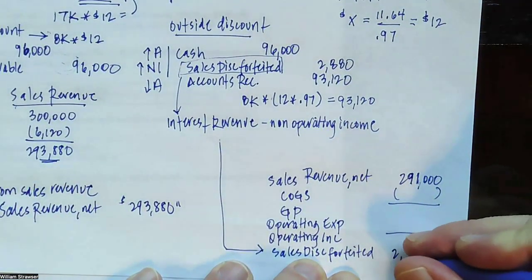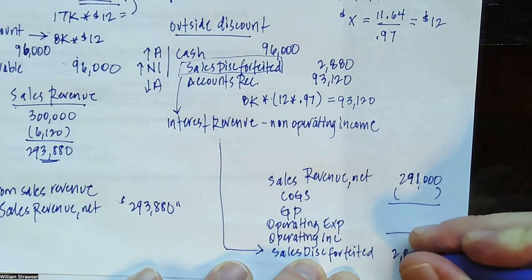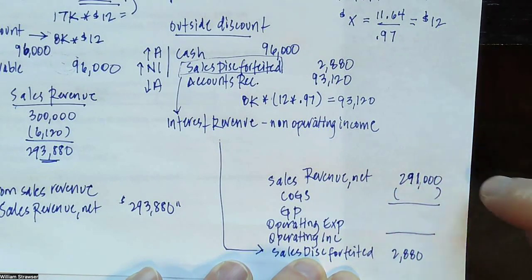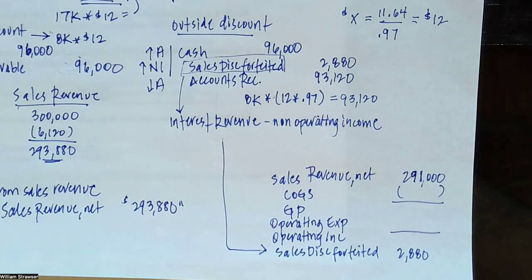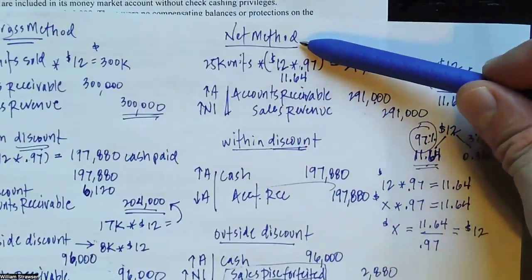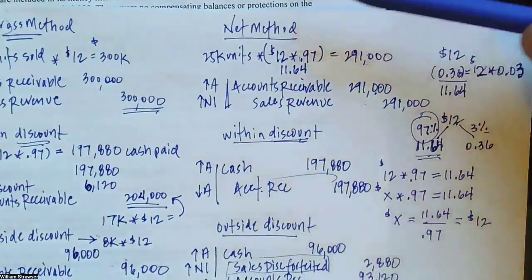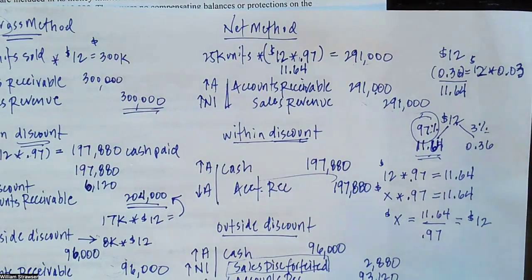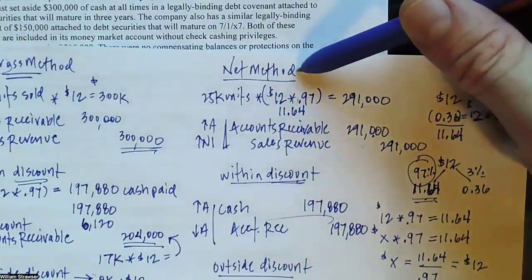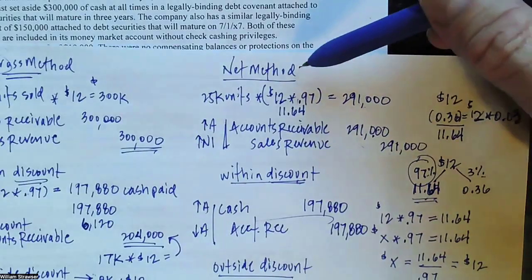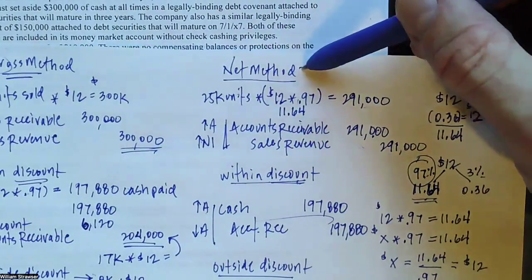And notice what it's correcting for is the fact that on this top line, I overestimated the people that would pay within the discount because I said, hey, we're using the net method. 100% of our customers are going to pay within, not outside, within the discount.